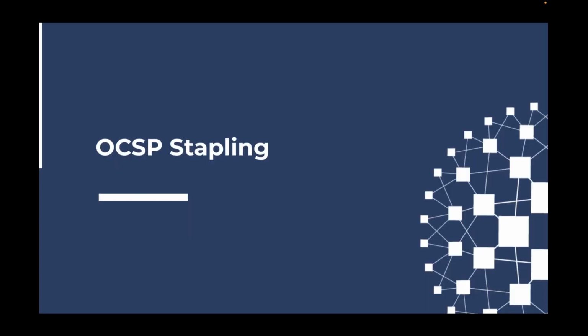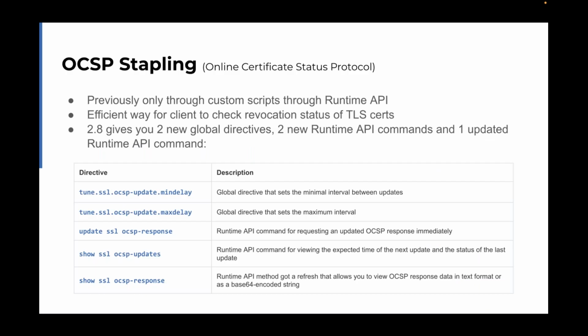Another great addition to the lineup is OCSP stapling. Online Certificate Status Protocol, or OCSP, is a real-time check of the status of a certificate and is fundamental to the design of extended validation SSL certs. So when a user makes an SSL connection with your web server, their browser normally performs an OCSP check with the CA that issued the cert to confirm that the cert has not been revoked.